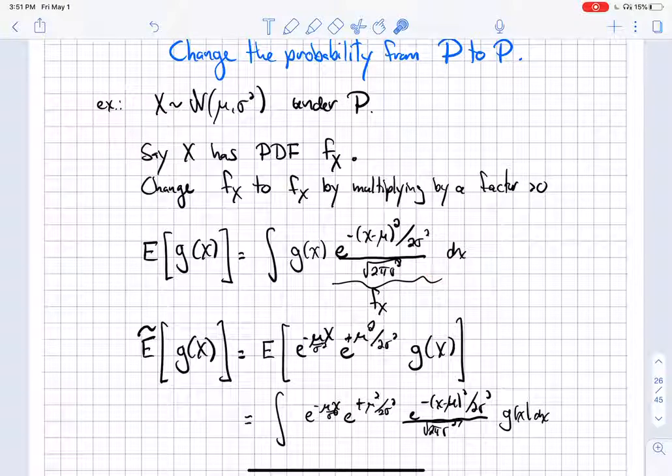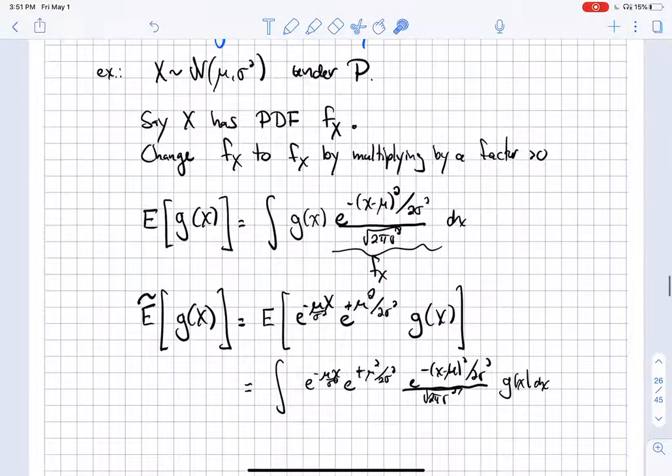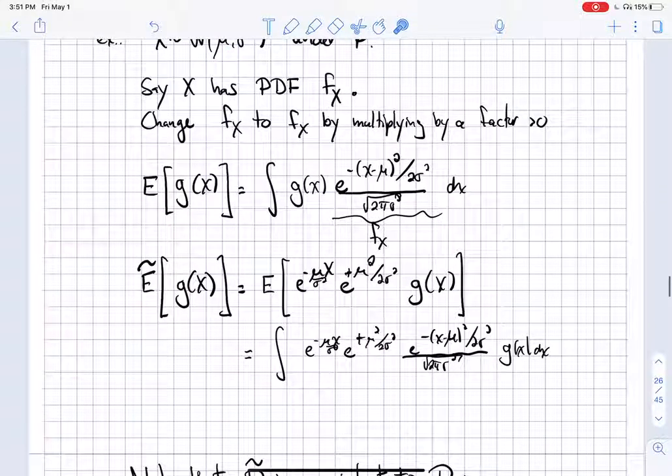I would change the possible values if what I multiply this with has value 0. I don't want that. I want to multiply by something which is strictly positive in such a way that when I do the expectation, I get a normal 0, sigma square. So the mean is 0. So how do I change the weights?